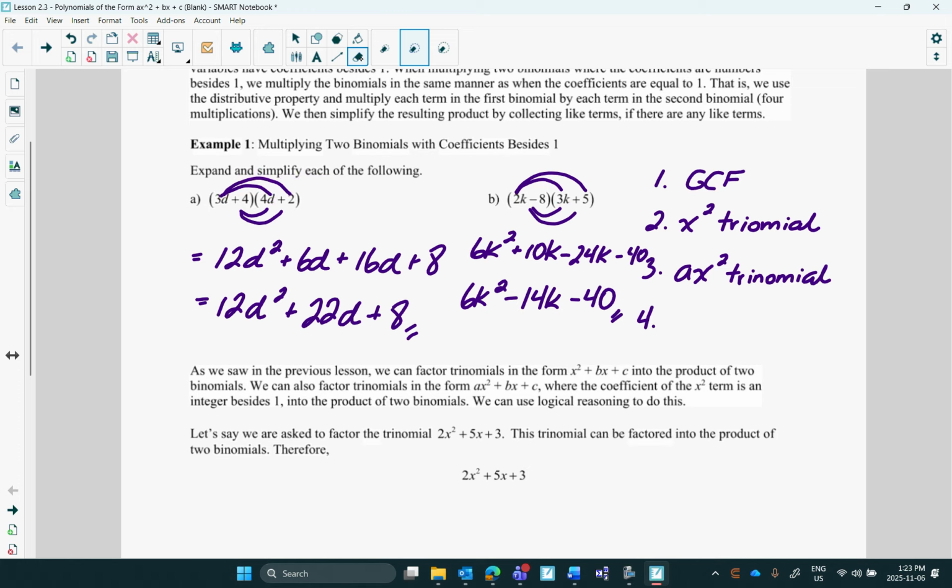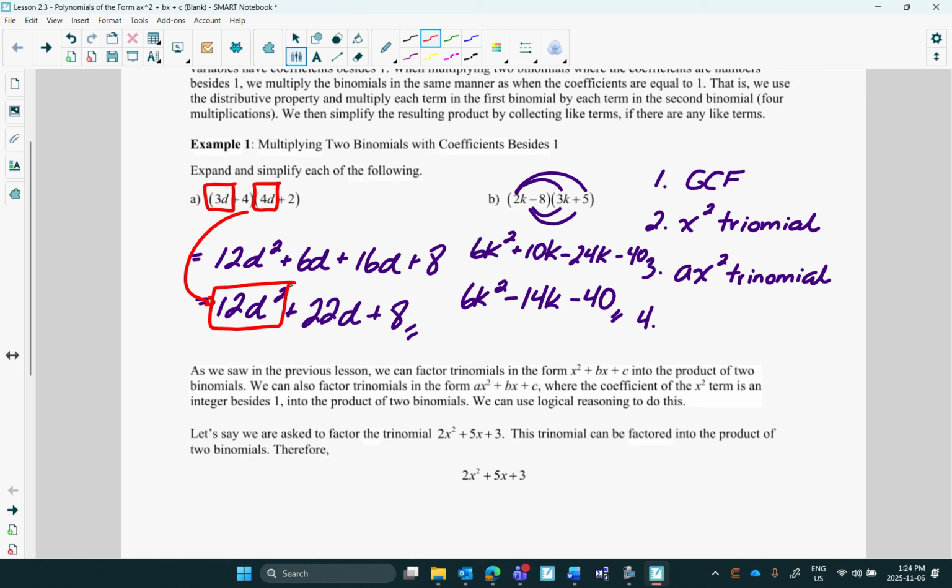Before I move on to an example, I'm just going to erase this here. Do you notice those two, when I multiply them, it's always going to be the first term of the answer. Always.